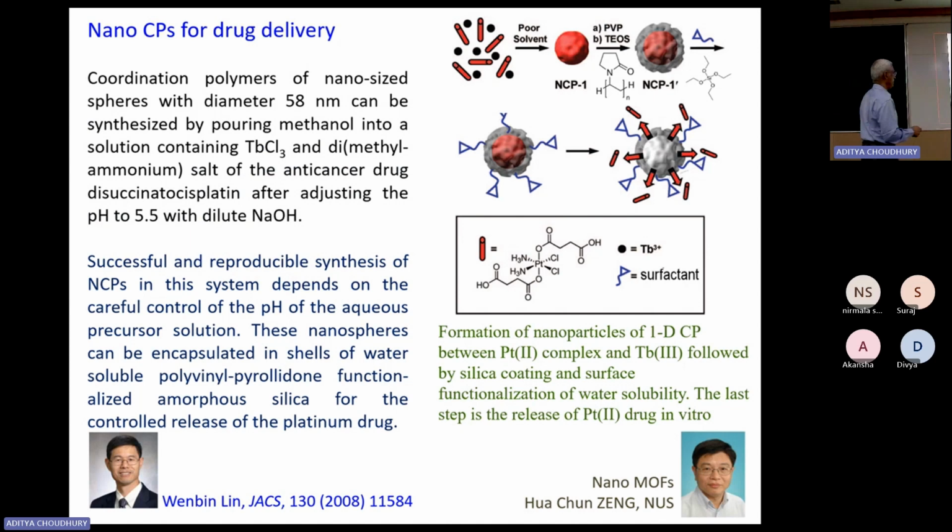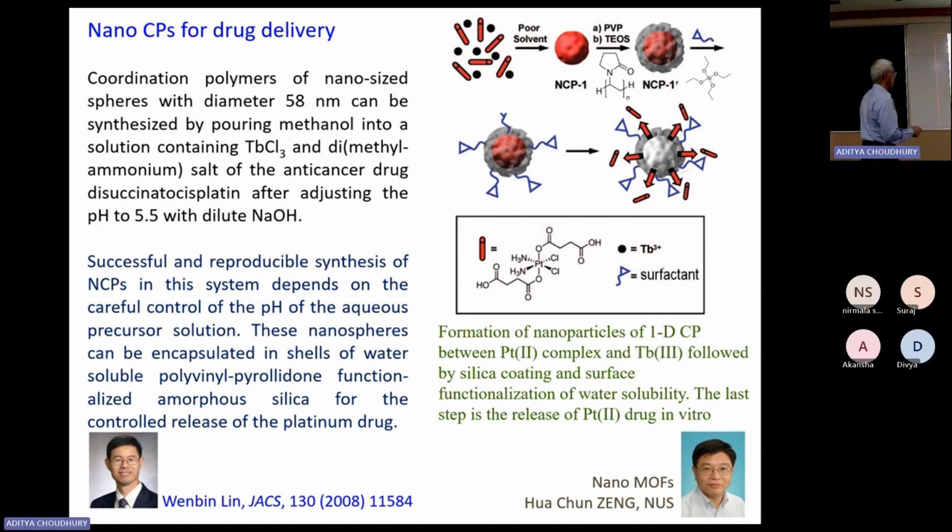And then he added, again, an anti-solvent, in this case diethyl ether. As in the previous case, the microspheres by Chad Mirkin, the size and distribution depend on the rate of addition and rate of stirring.